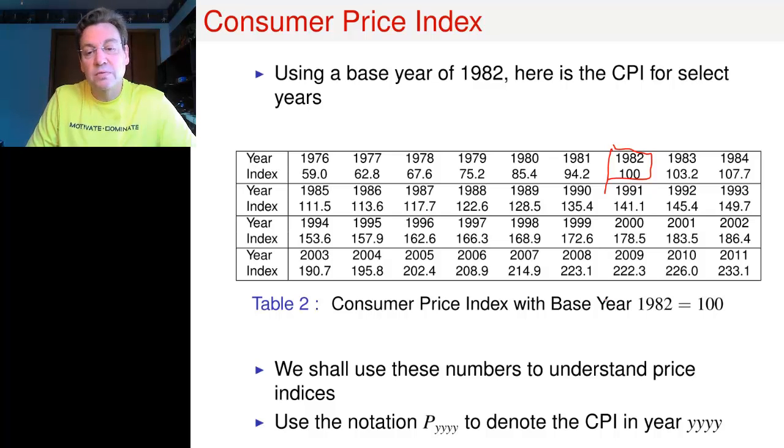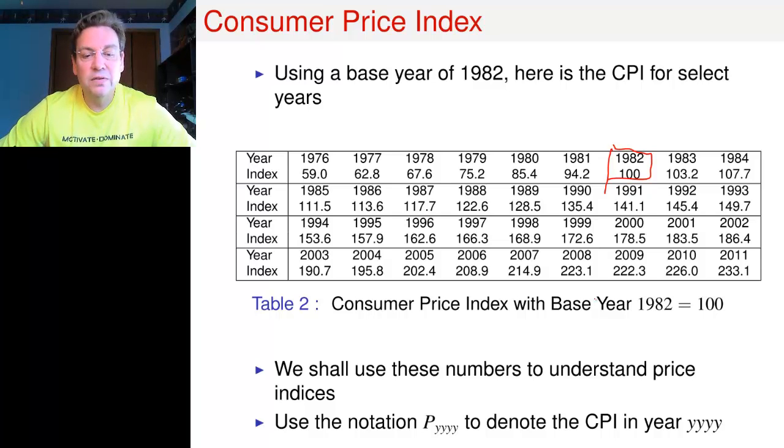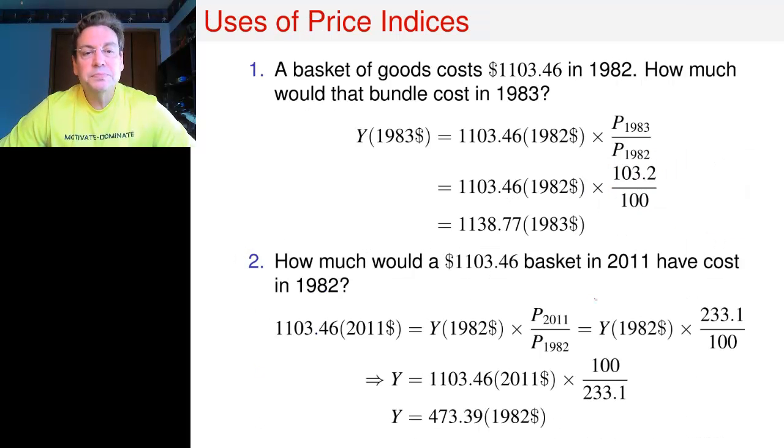Sometimes they rise a lot, sometimes they rise a little. Now let's use the notation of P subscript YYYY as the price index in a certain year. And we can now look at some various uses of these price indices.